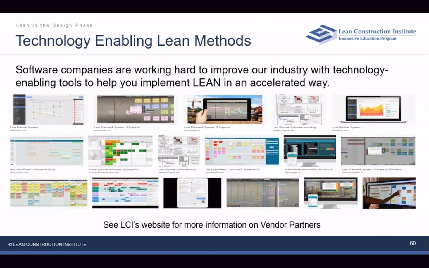So we've covered all those. I'm just going to quickly talk about, going back to, there are technology enabling lean tools. There are things that help us with whiteboards. There are tools out there for Last Planner. There are tools out there for CBA, choosing by advantages. There's at least a couple that I can think of, but if you Google search that, you can find it.